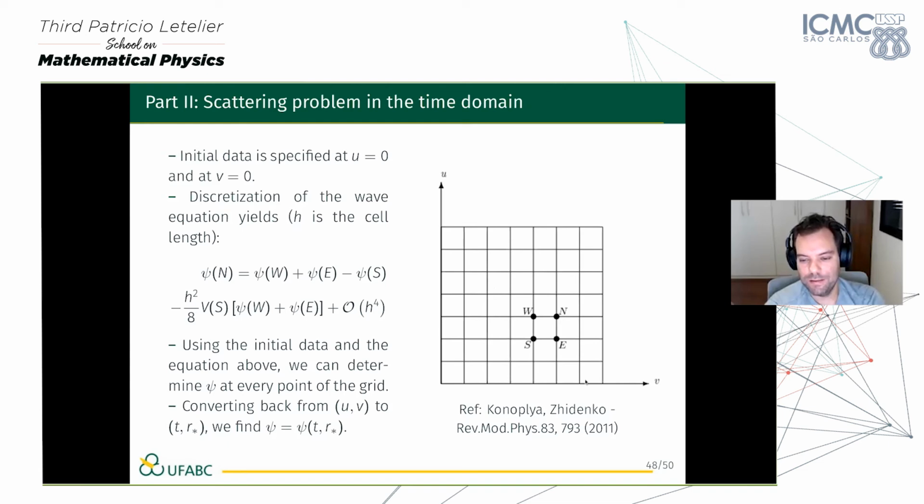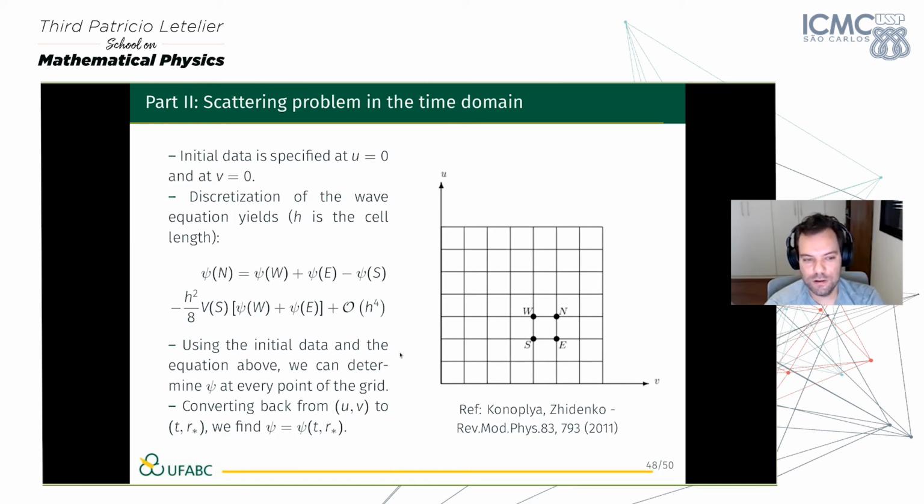You specify your initial data at these lines, u equals 0 and v equals 0, at the semi-axes. So at all the grid points on the axes, at least, you know what the function is.